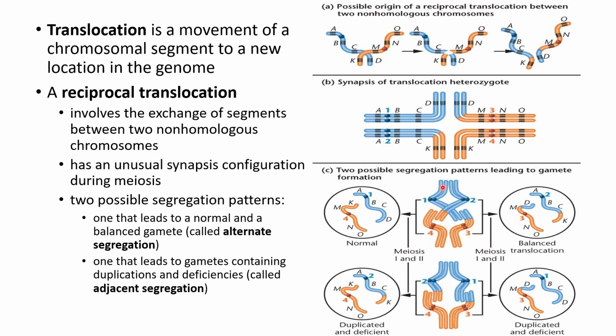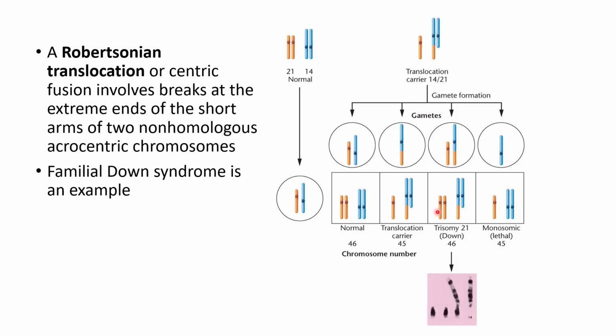I'm not going to test whether you know the difference between alternate and adjacent, but just know it's a vocabulary concept. In a translocation, we may have a region from chromosome 1 that gets shared with a region from, say, chromosome 4 or whatever. In a non-reciprocal translocation, we aren't having equal exchange. So in this case, we might just have one chromosome that's gaining a part.